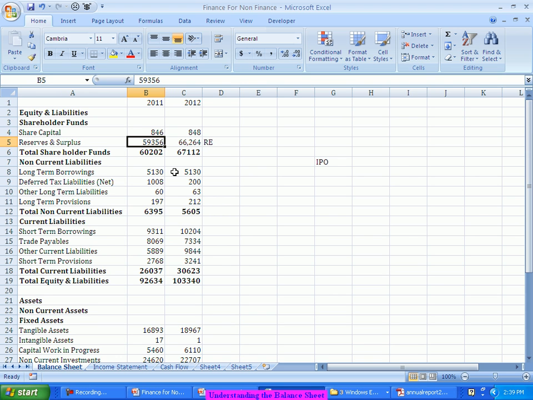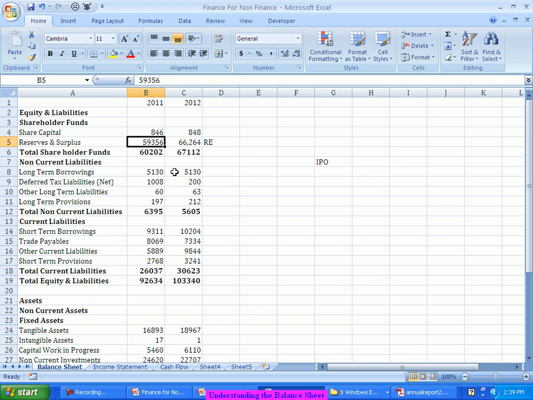But what the reporting format says is, you separate the share capital, because share capital has to do more with the authorization. Authorized share capital, it cannot cross the authorized share capital. That is standard. That is given by the registrar of companies at the time you are filing your application, at the time you are registering.